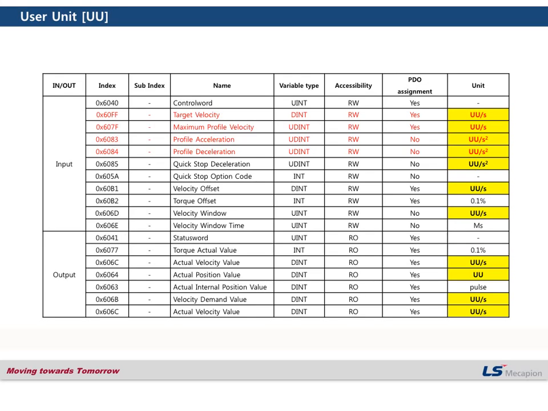However, I still believe that there are some customers who are not familiar with the concept, because some customers are not familiar with the servo system and especially with the RS McApion's servo system.